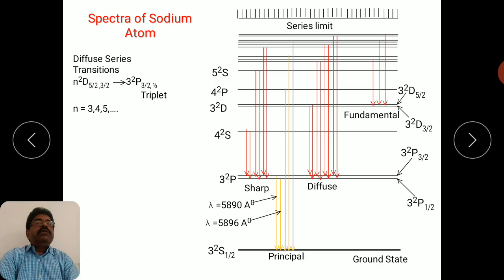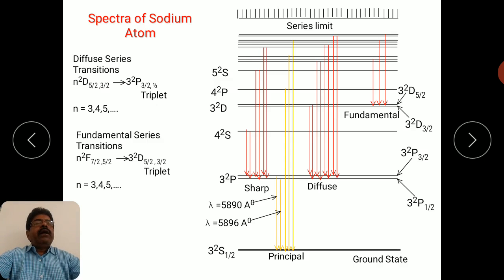Three of these four transitions are allowed and only one is forbidden, and therefore three transitions constitute a triplet. So the diffuse series is a triplet energy level. All those transitions from 3D, 4D, 5D to 3P result in a series called the diffuse series, and it is a triplet energy level.